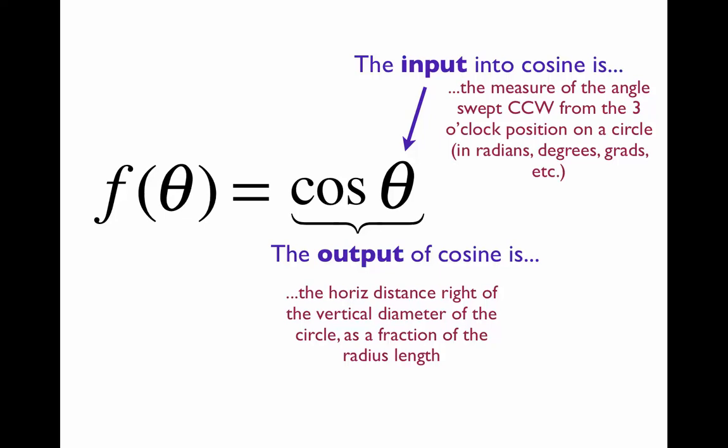People who really understand that it's a function acting on angle measure and giving these distances on the circle, measured in a fraction of radius length, then you get it. And then you can apply that to so many problems when it comes to trig. That's the goal, to take these meanings and make sense of problems and make progress on problems rather than having some kind of memorization approach. Okay?